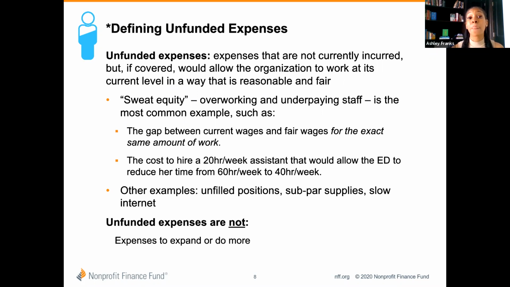The idea is that this unfunded expense brings us to, again, a fair and reasonable place, equilibrium, if you will. And sweat equity is just one example. Some other examples of unfunded expenses are subpar supplies, slow internet, and unfilled positions, things that, if we covered these expenses, they would make our organizations operate a lot more successfully.